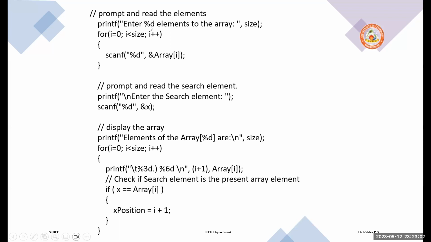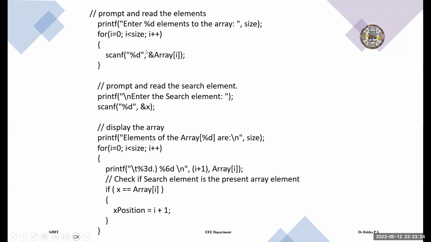In the same way, we use the printf function: enter the elements of an array. Whatever value has been entered will be stored in size. We are displaying the message to the user: this is the size you have entered.